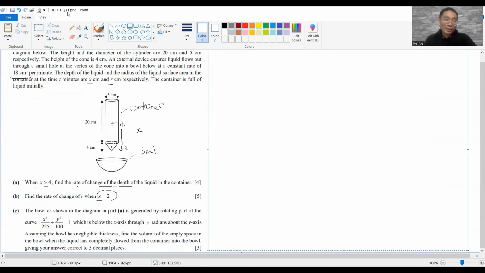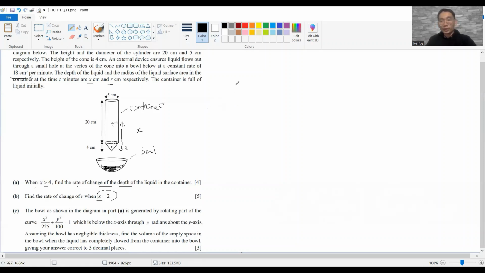Part C, they want us to find the volume of the empty space after the liquid from the container is completely flown into the bowl. So after all the liquid is transferred into the bowl, they want the remaining space on top, the empty space.